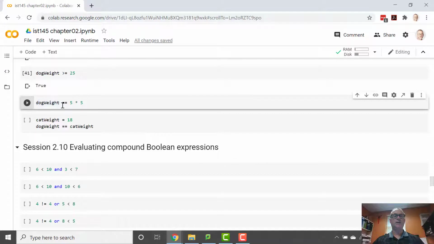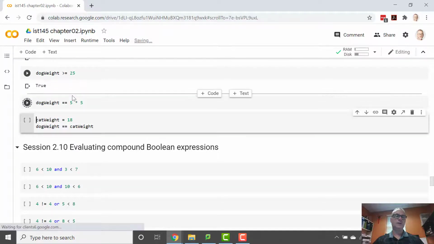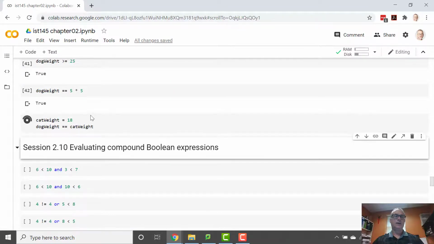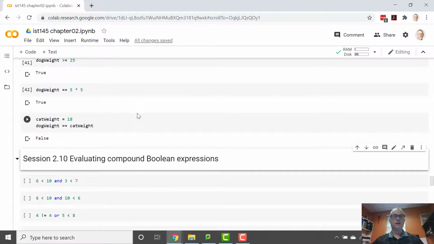So dog weight is equal to 5 times 5. That means this expression would get evaluated first, and then we do the comparison, and that's true. Okay? We can also compare two variables. So if I set cat weight equal to 18, that's a big cat. Anyway, then we can ask this question, is dog weight equal to cat weight? And the answer is false.